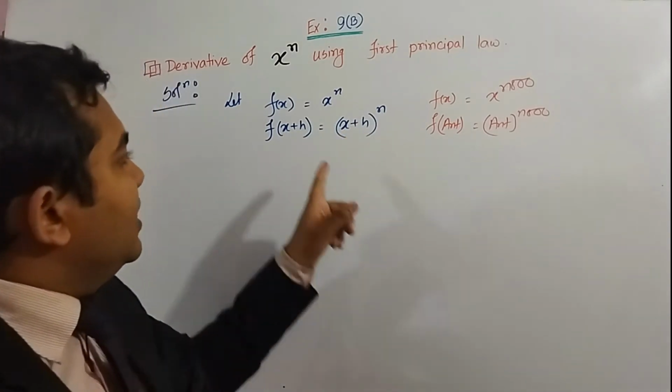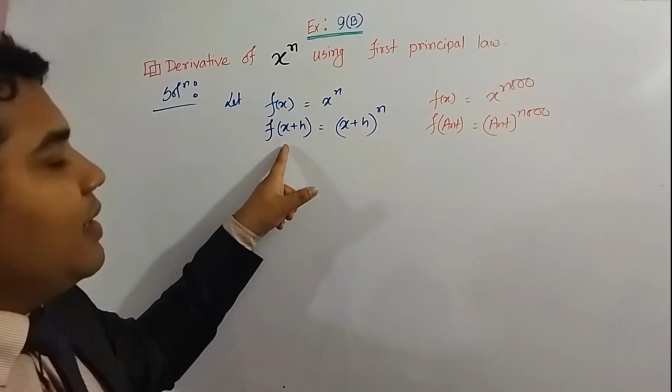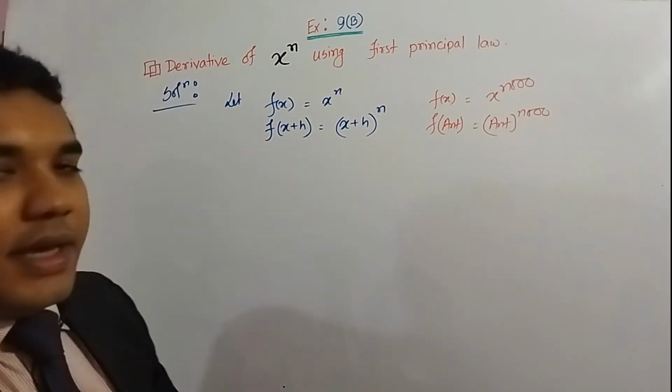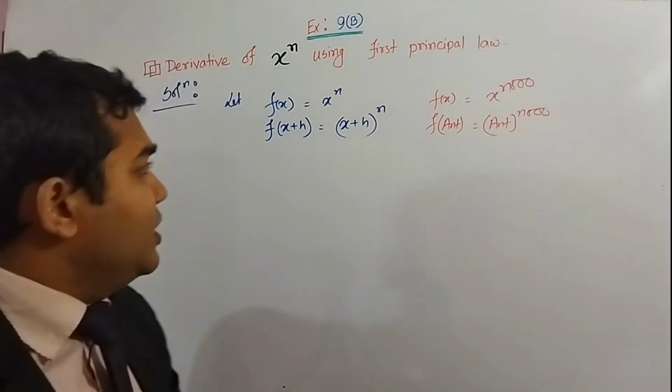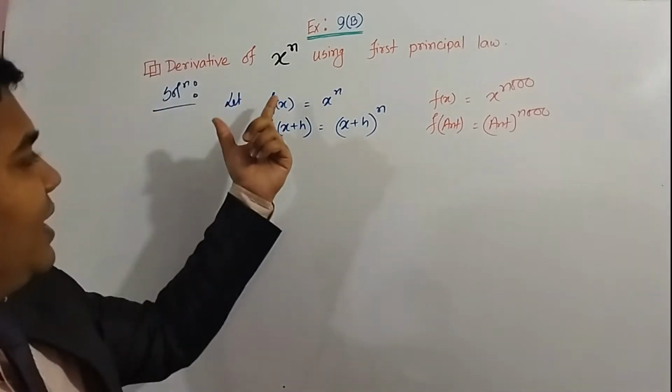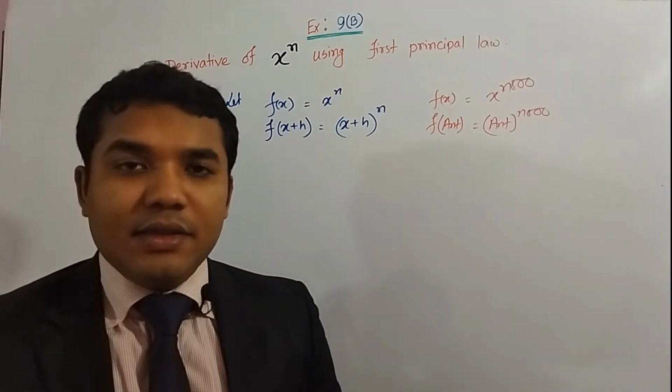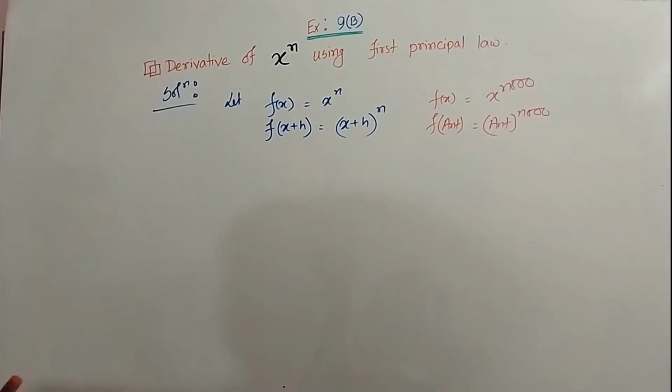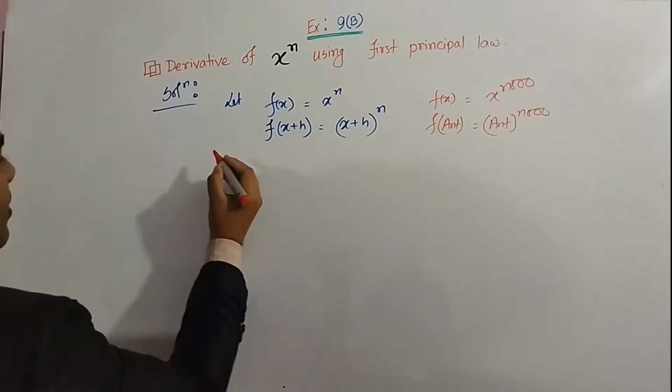So that was the function of x, but here it is the function of x plus s. My dear students, maybe one question arises in your mind: why are we finding f of x and f of x plus s? Because we have a formula according to the first principle law.